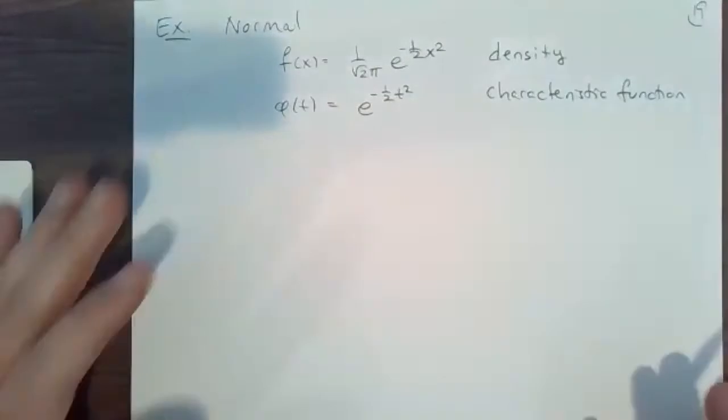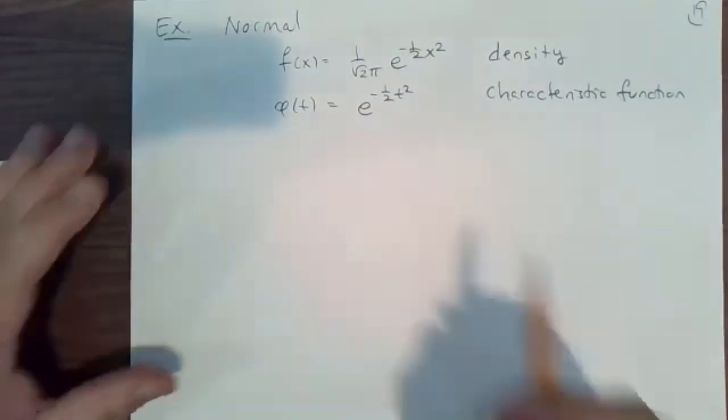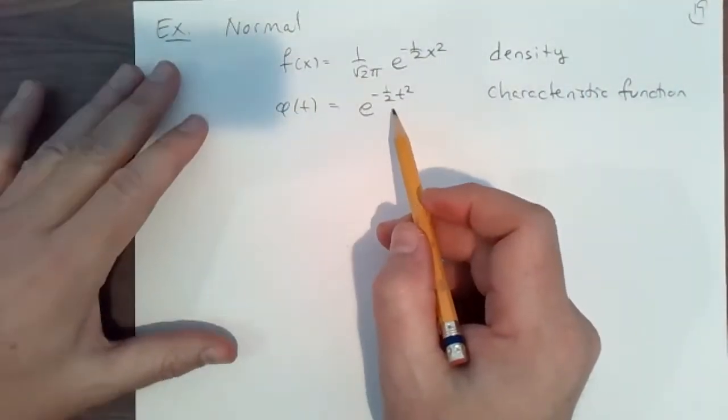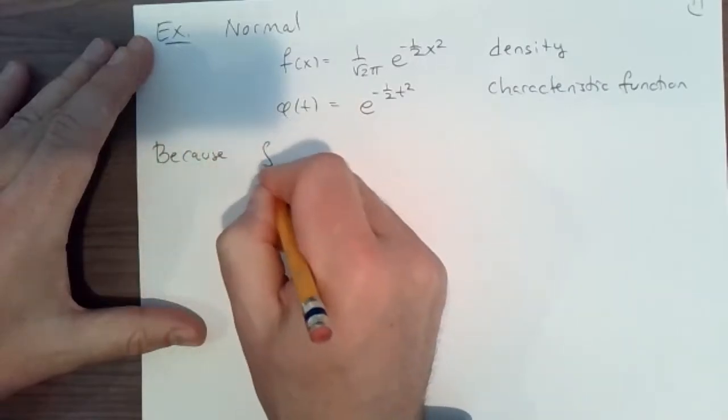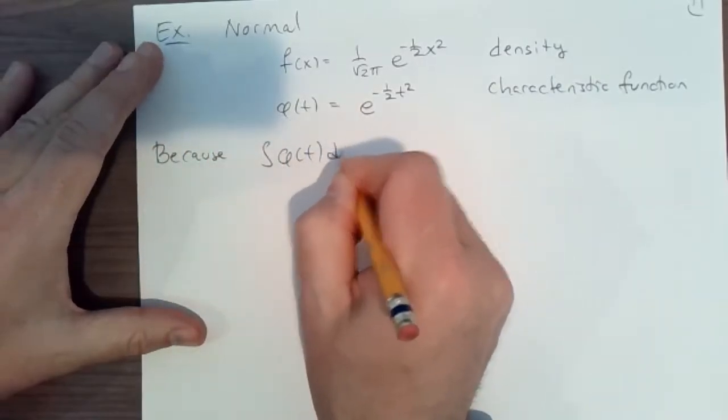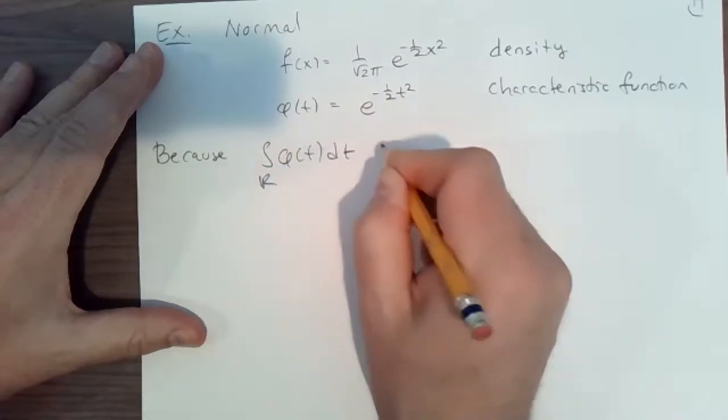So we know that this characteristic function is going to be integrable, because the integral of phi over R is finite.